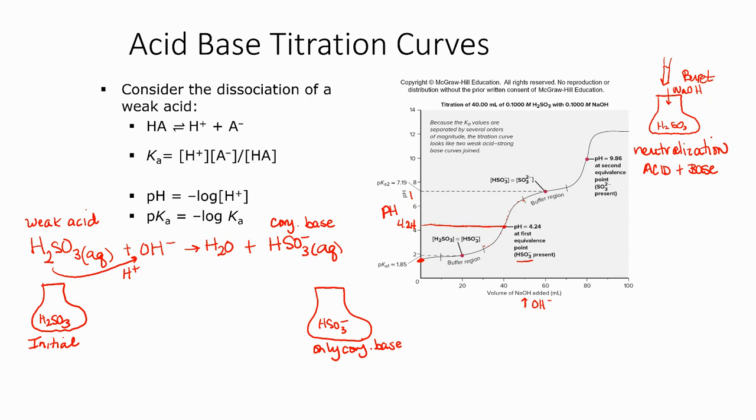Now, along the way, let's look at it this way. Initially, you have 100% H2SO3, and then here at the equivalence point, you have 100% conjugate base. Equivalence point is really where you are fully neutralized.